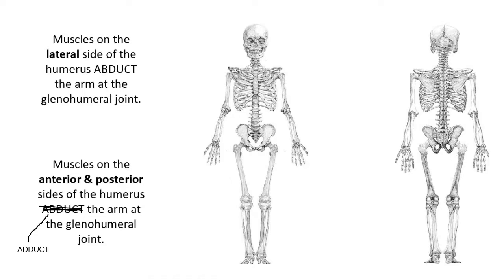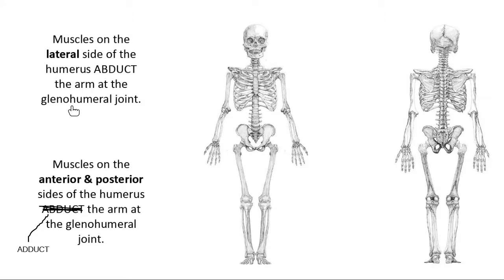Abduction and adduction of the entire arm. When we were first learning these movements, this is what I showed you. If the aliens abduct me and both of my arms swing up, that was technically abduction of the humerus, or abduction of the arm at what's called the glenohumeral joint, the shoulder joint, essentially.